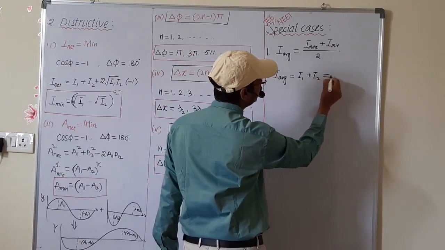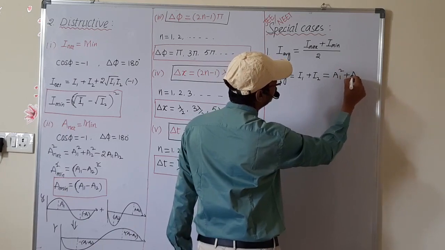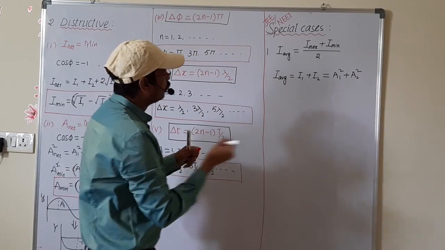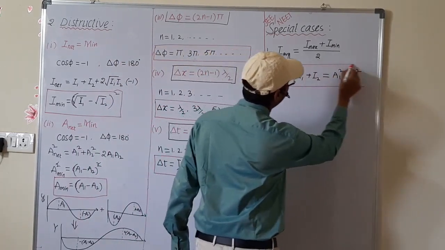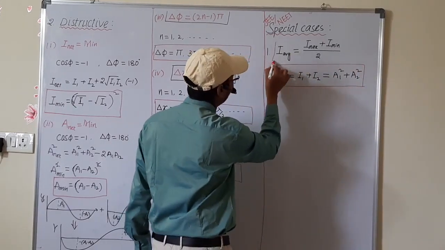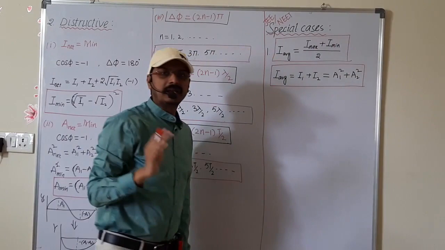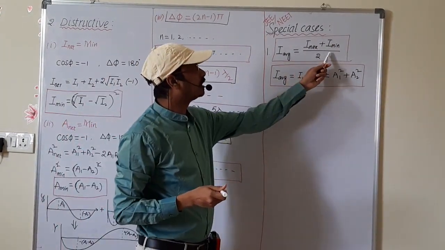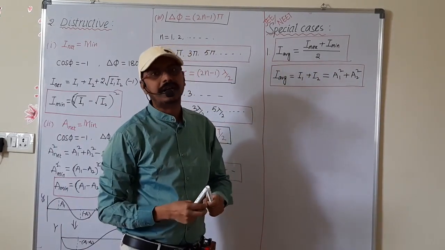Otherwise we can take it in terms of amplitude, A1 square plus A2 square. By using these formulas we can find the average intensity. These are the two formulas we have discussed. The first formula is used whenever they give the maximum and minimum intensity; substituting them, we can find the average intensity.